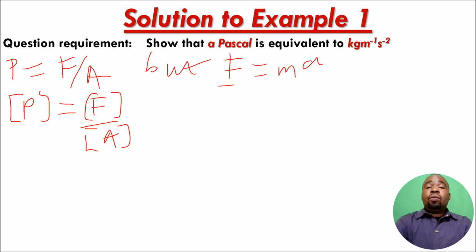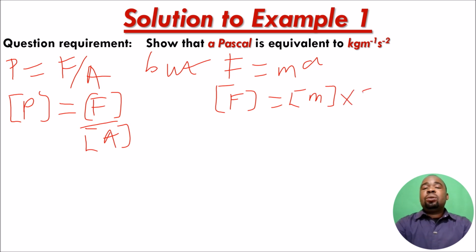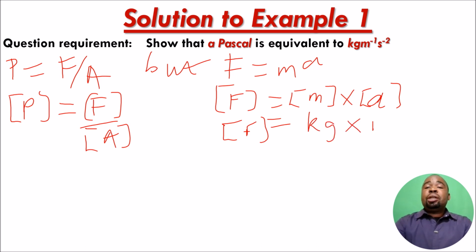Therefore, the units of force are the same as the units of mass times the units of acceleration. Therefore, we can safely say the units of force are kilograms times meters per square second.